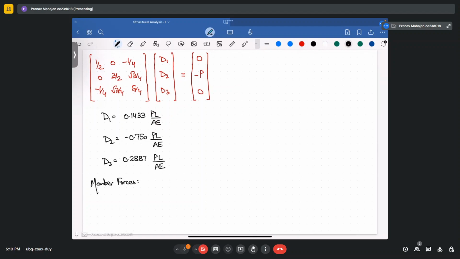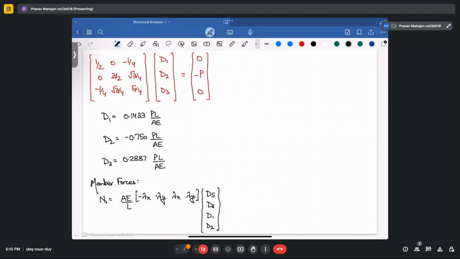Your N1 is equal to AE upon L times minus lambda x, minus lambda y, lambda x, lambda y, into the deformations that are there in the member. So in member one, it is D5, D6, and then D1, D2.